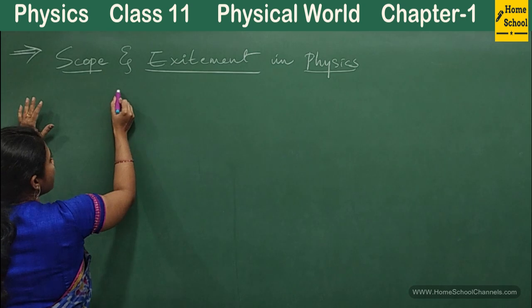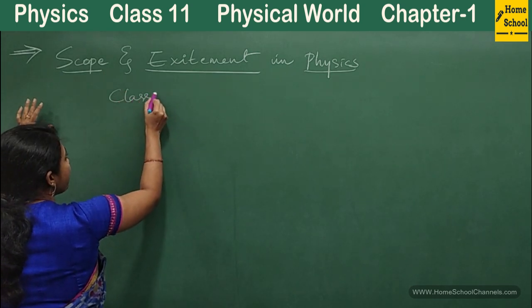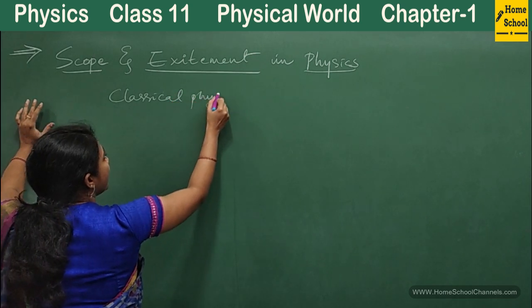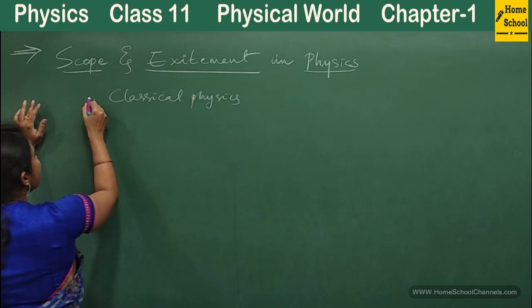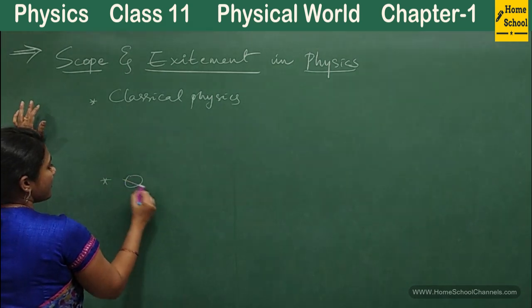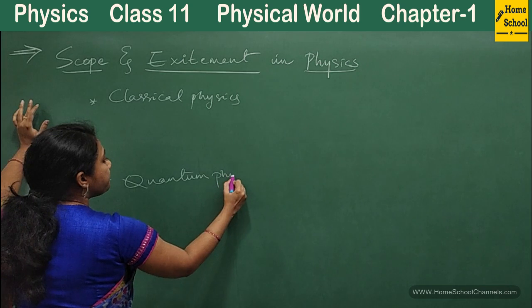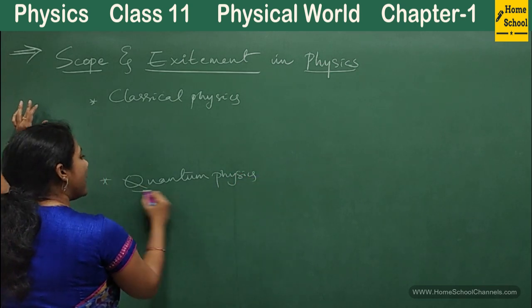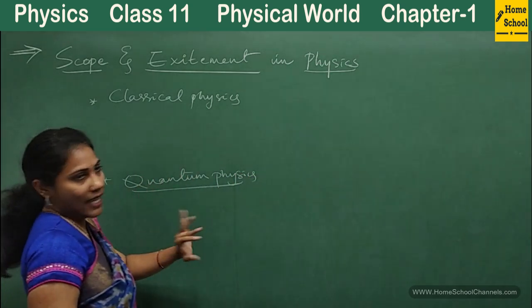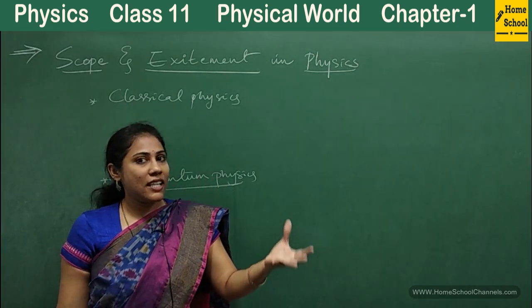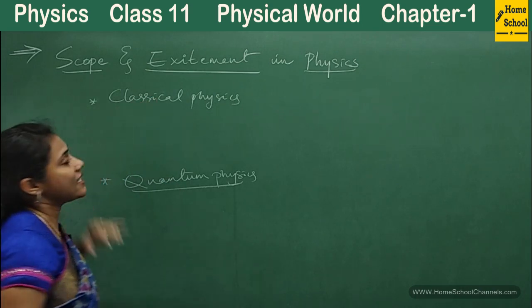We have something called classical physics, and we also have quantum physics. This is really very important, quantum physics. You will study more about this in higher classes. Most of the things that we study for class 11 and class 12 come under classical physics.